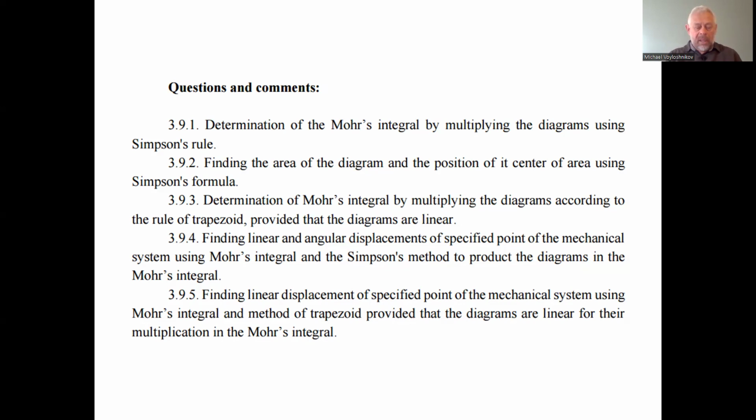The first 2 summands have factors of 2 each, and they are the product of the magnitudes of diagrams of bending moment under the action of the external load and the action of the unit force at the ends of the considered element of the mechanical system.